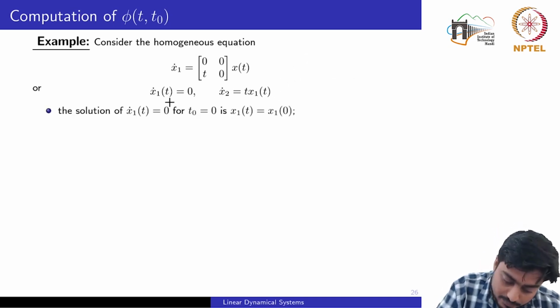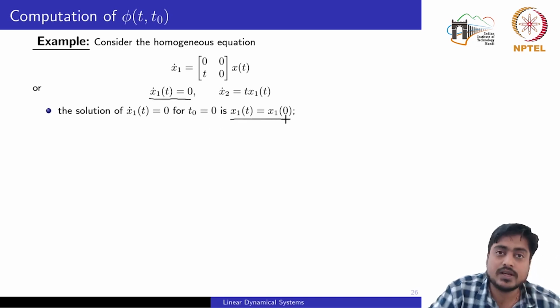Now we can compute the solution of this equation, and the solution is x1 of t is equal to x1 of 0, and this is only driven by the initial conditions.